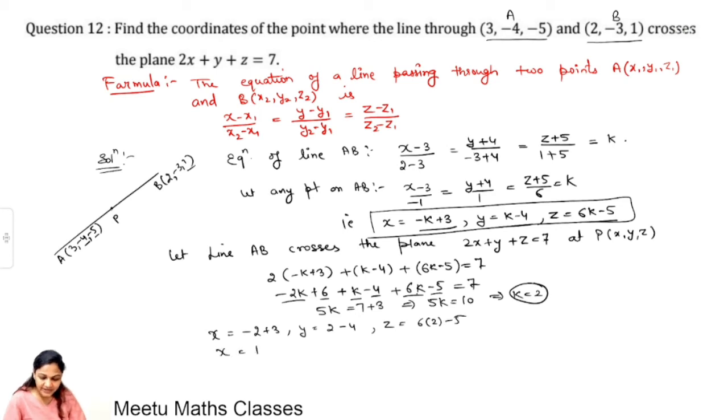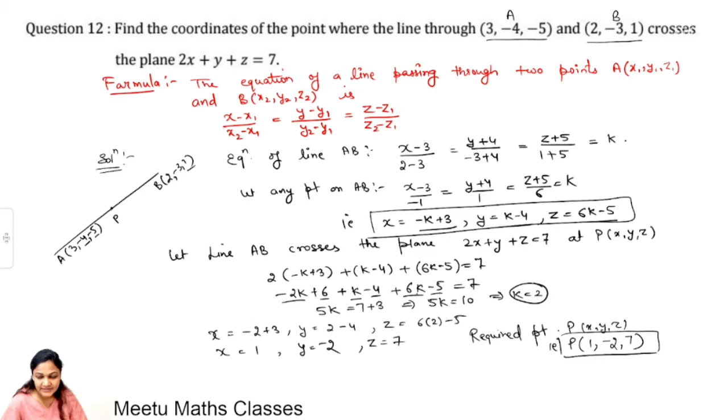So x will be 1, y will be minus 2, and z will be 12 minus 5, that is 7. So the required point P with coordinates x, y, z is x is 1, y is minus 2, and z is 7. And this is the required point.